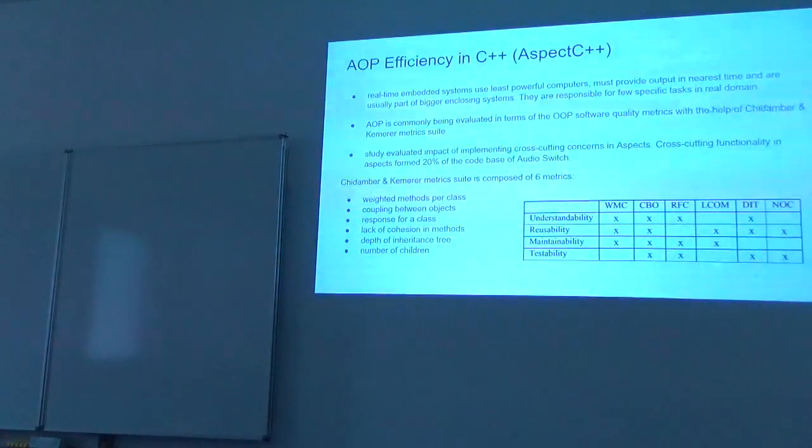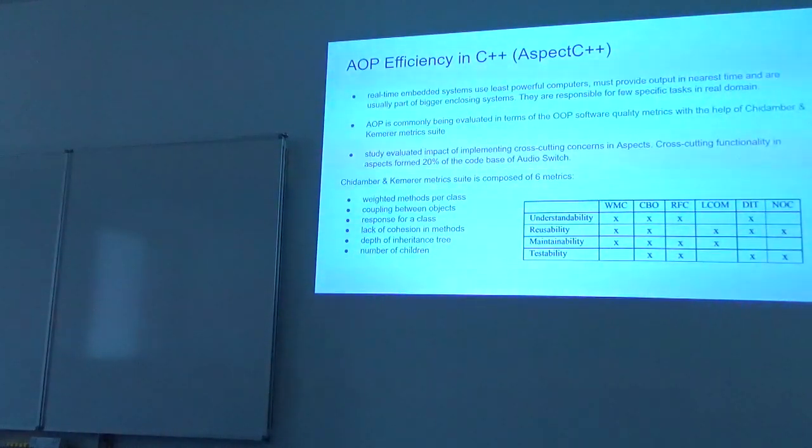Software quality is evaluated in terms of system properties, and these are the properties which indicate software quality. These properties are understandability, reusability, maintainability, and testability. And there are, of course, some most commonly used AOP metrics which you can use to evaluate the effectiveness of your AOP approach.